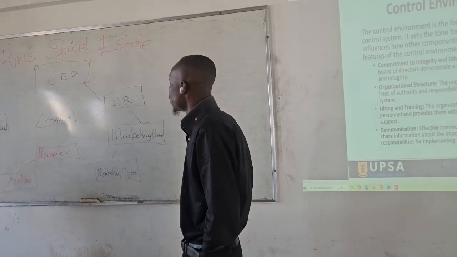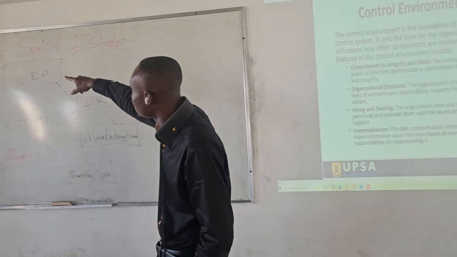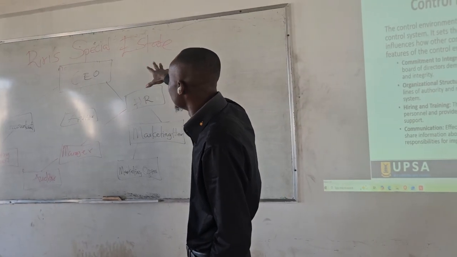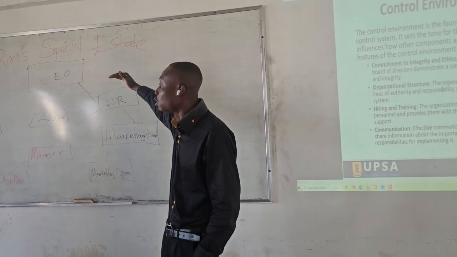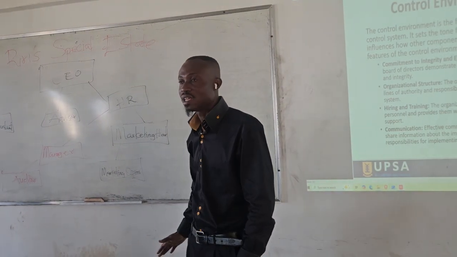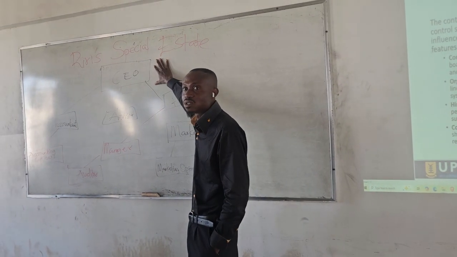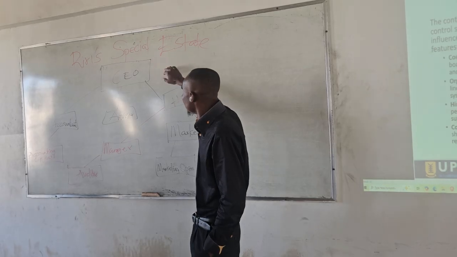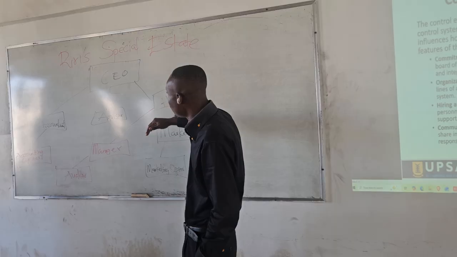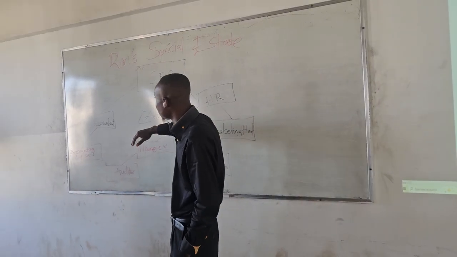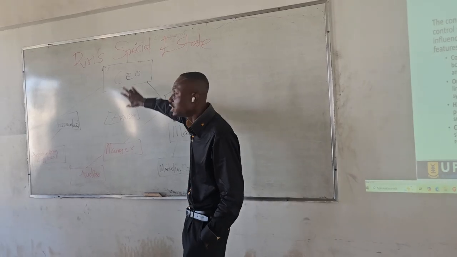Okay, so this is the organizational structure of the special estate. This is how an organizational structure looks. It shows that the CEO is the head of the estate. Right under him, you have the human resource, the advisor, and the accountant, and they all report to the CEO.